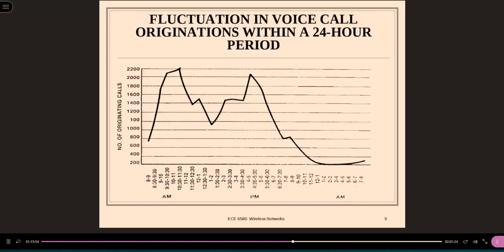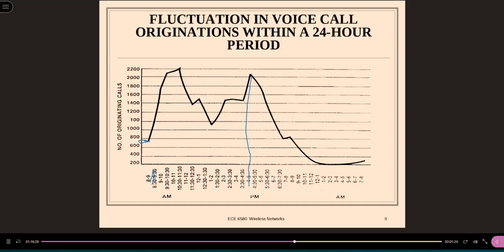Here's now the fluctuation of the number of calls you get in a 24-hour period. Again, this comes from that telephone company. And you can see that if you are looking at the period from 8 to 9 in the morning, you get about 700 or so calls. If you look at the period over here from 4 to 5, you get about 2,000 calls in that particular period.